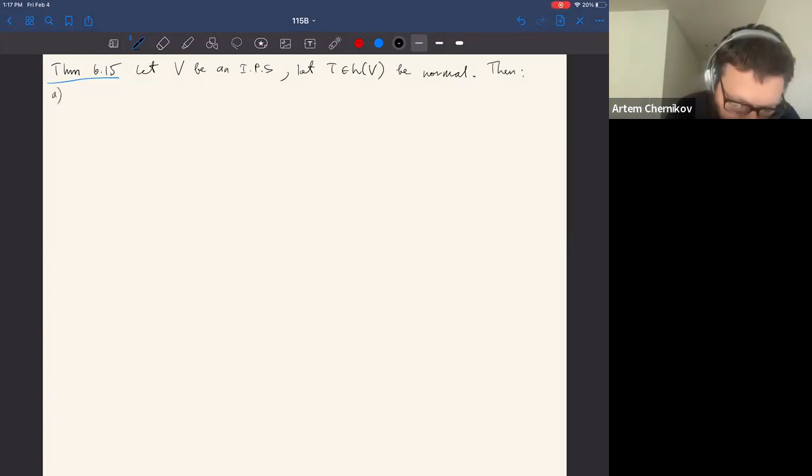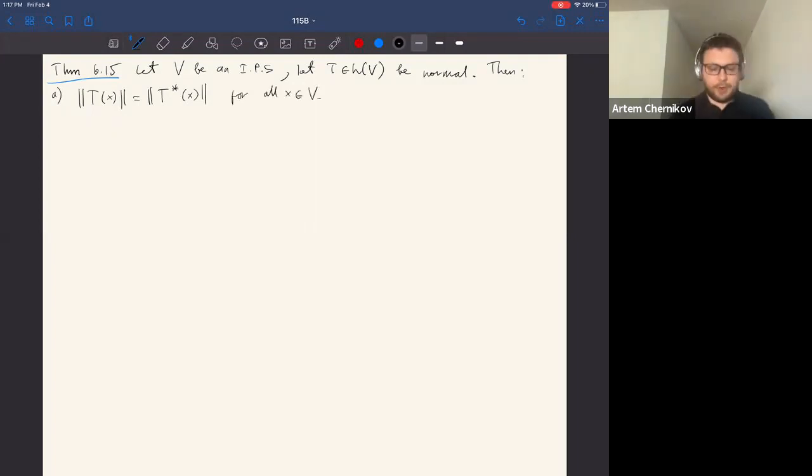A, look at T of x and look at the norm of this vector. Then it's going to be equal to the norm of T star of x, for all vectors x in V. So this tells us that the lengths of the vectors are the same, independent of whether you apply T or the adjoint of T in the normal case.